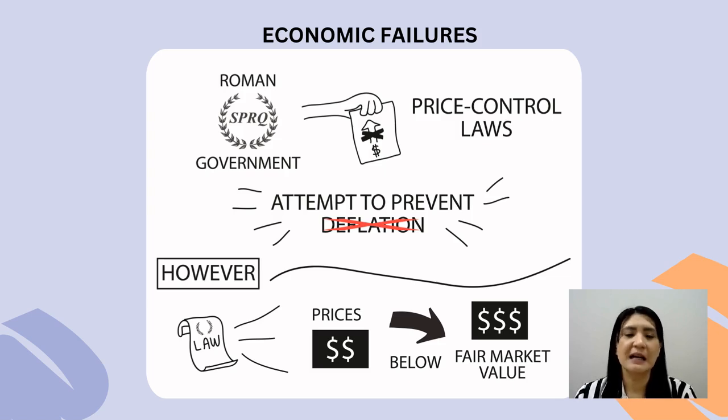With this, merchants fled to the countryside. As a result, tax revenue plummeted, further worsening the economy. So, that's what we mean when we say economic failure in the Roman Empire.